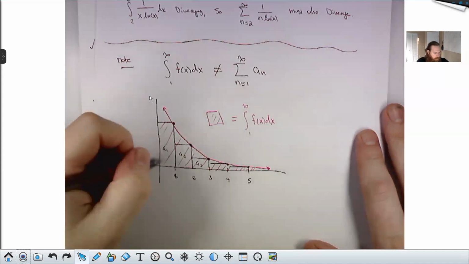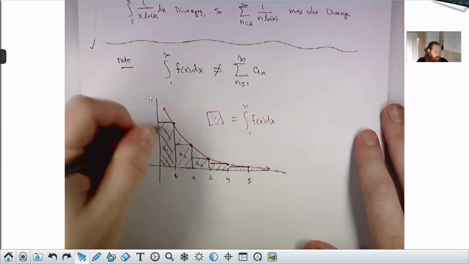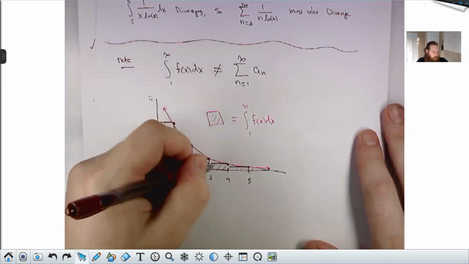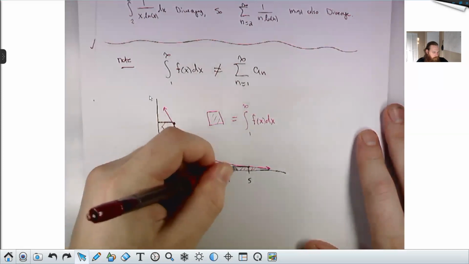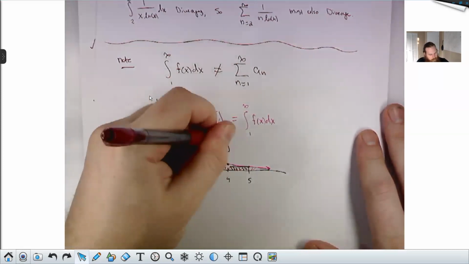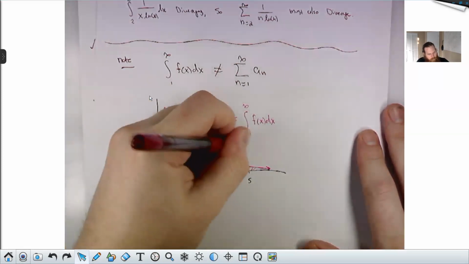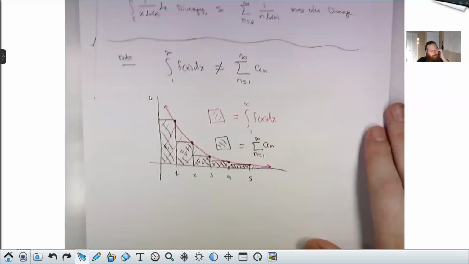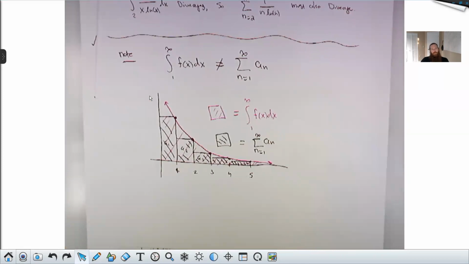And the rectangles themselves, all that area is the sum from 1 to infinity of a_n. So can you see that if the pink area is finite, the dark red area must also be finite? So if the integral converges, then the series must also converge.